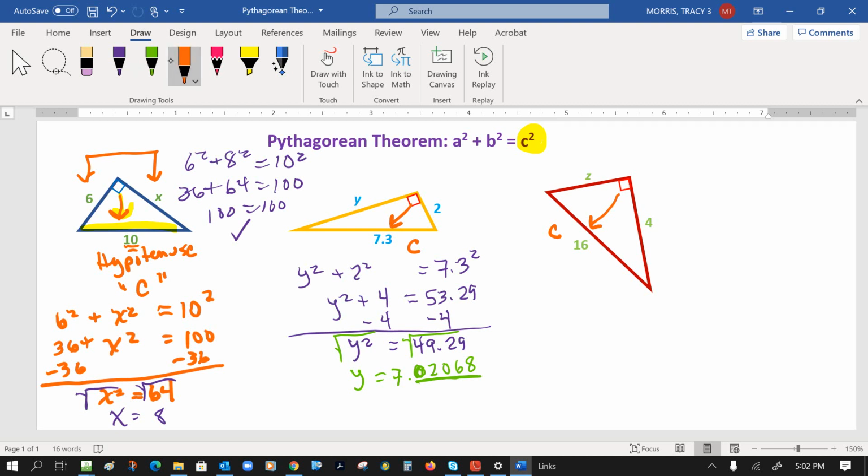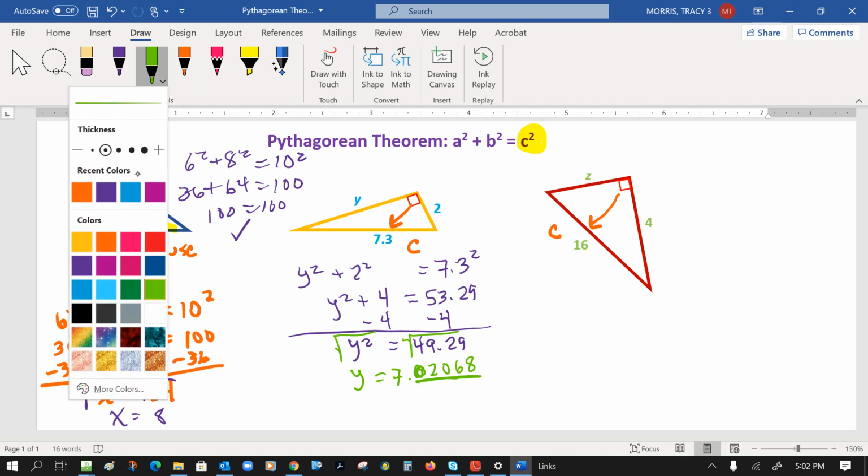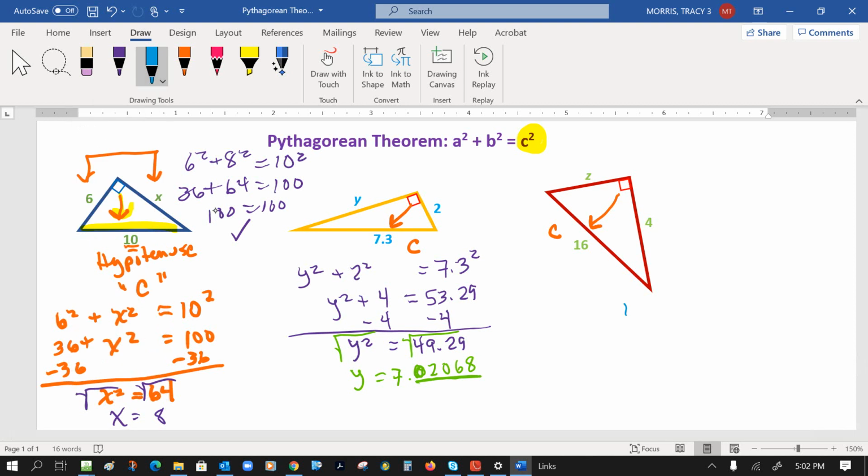Let's try one more example over here where we said C was 16. So we're going to say 16 squared equals z squared plus 4 squared. 4 squared is 16. 16 squared is 256.